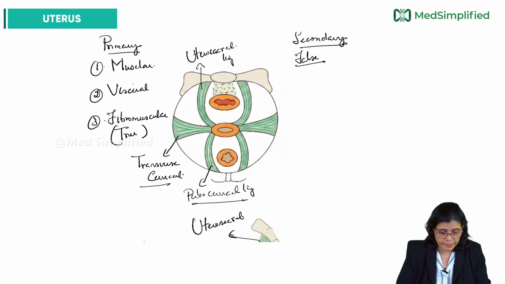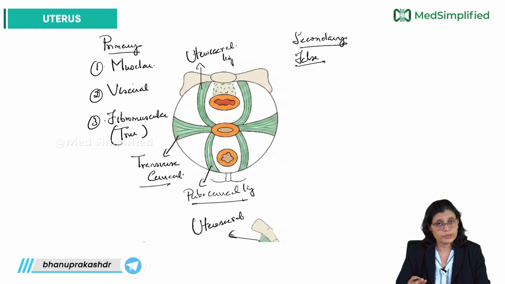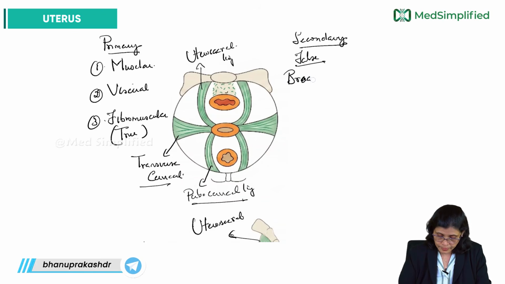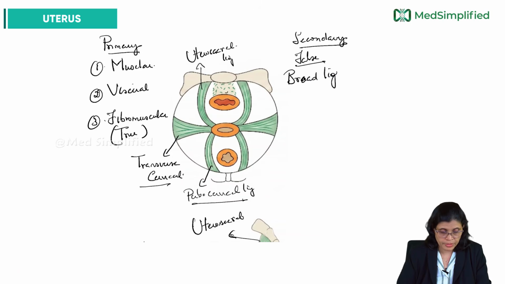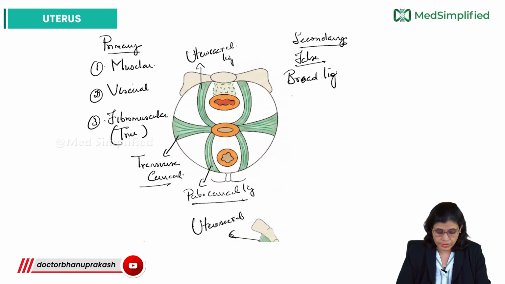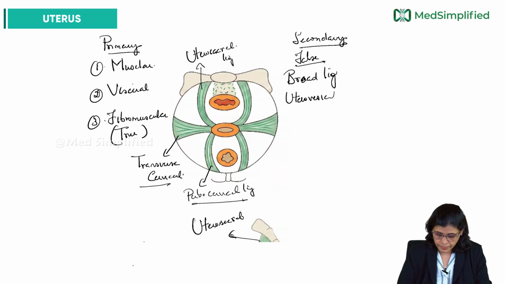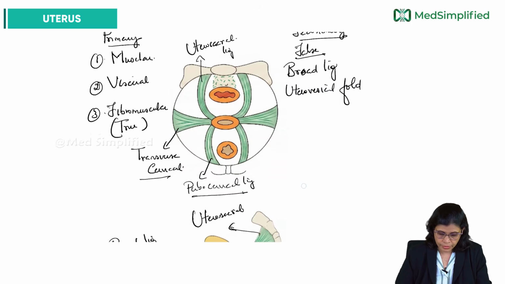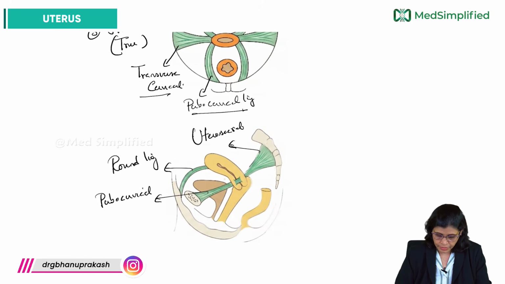So among the false ligaments there are 2 paired and 2 unpaired. The 2 paired will be the broad ligament. So broad ligament forms the support. Then we have the recto-uterine folds, they form the support, and then we have one uterovesical fold, so that will be here between the uterus and the bladder.